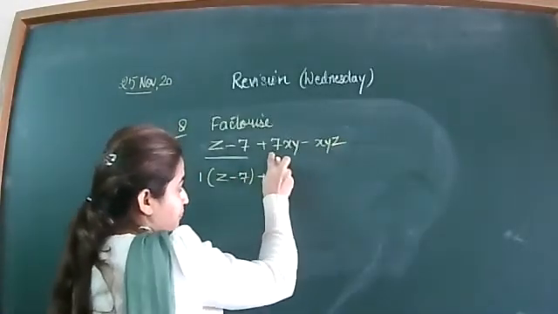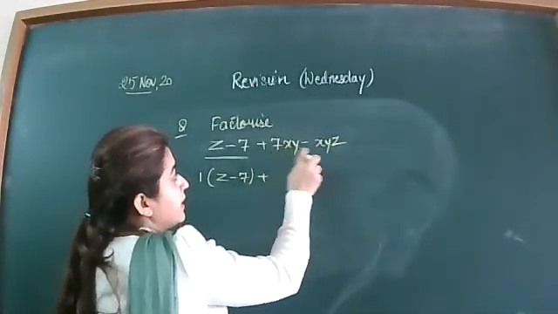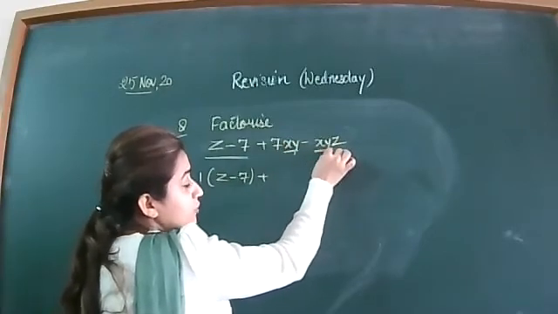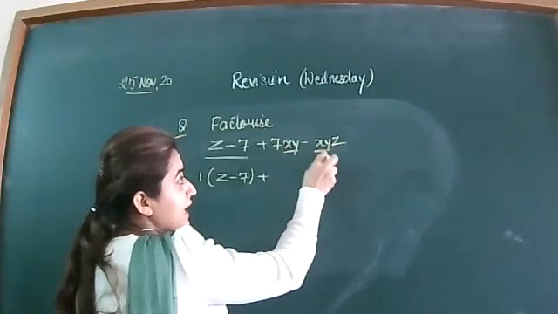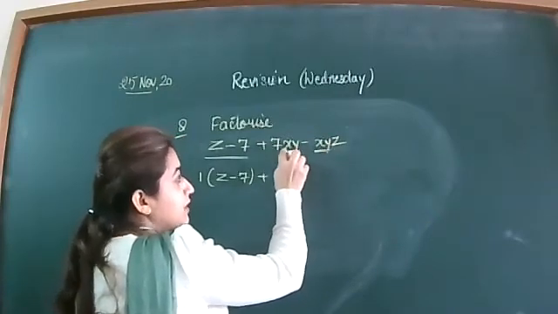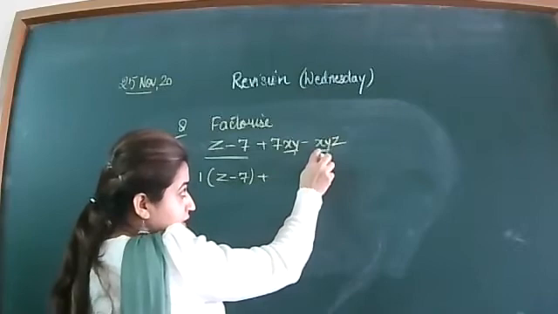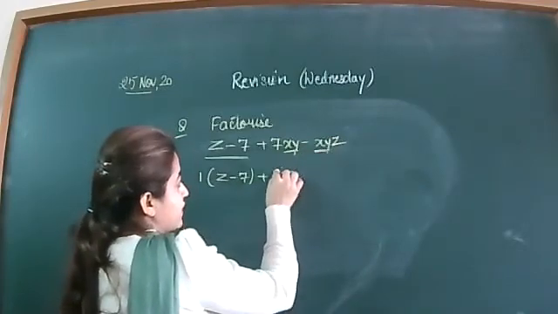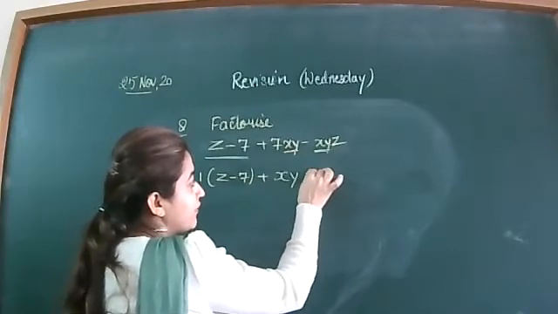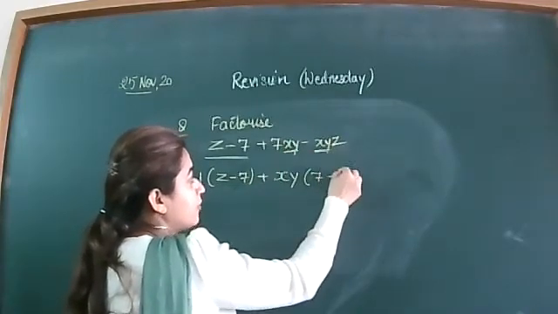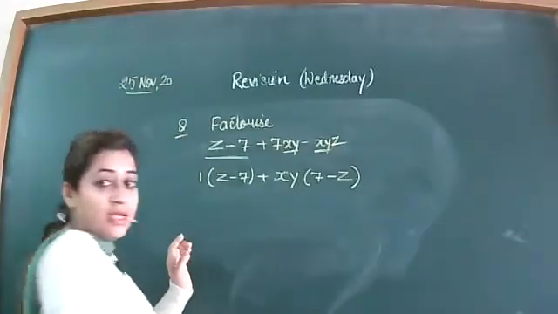In the other two terms, xy is common. That means the greatest common factor out of these two terms is xy. So take xy common. After taking xy common, we are left with 7 from this term, and from this term we have z.